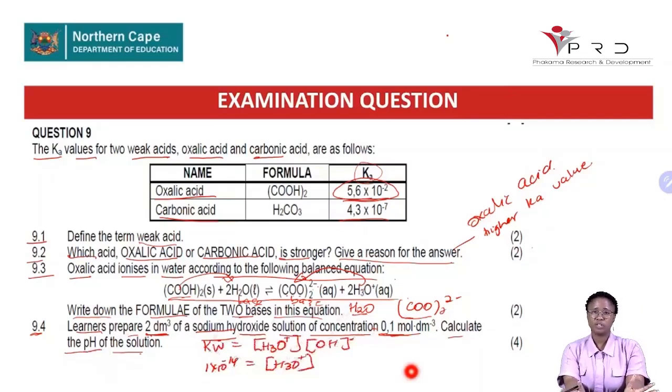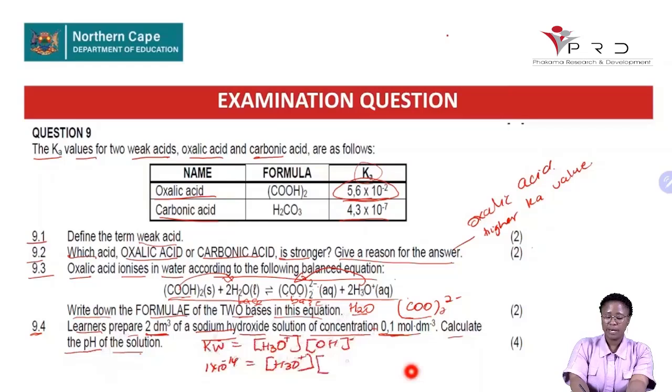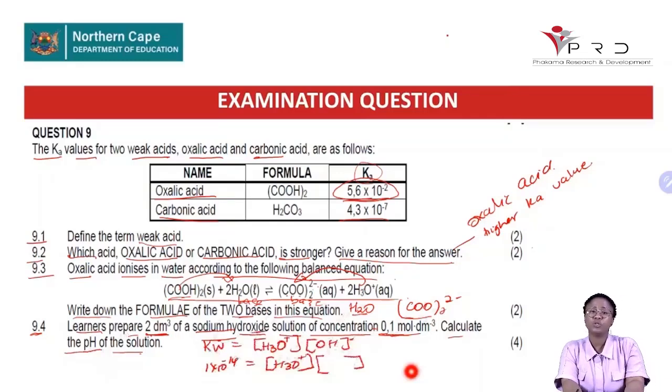That's why I am trying to get the concentration of hydronium ions using this one, because we have the concentration of sodium hydroxide. The concentration of sodium hydroxide will be equivalent to the concentration of OH minus, which is 0.1. Then you do your mathematics.